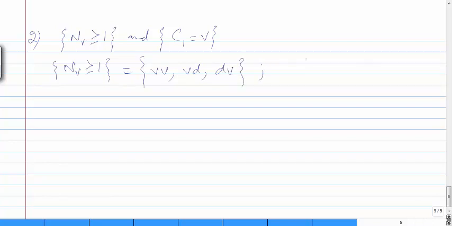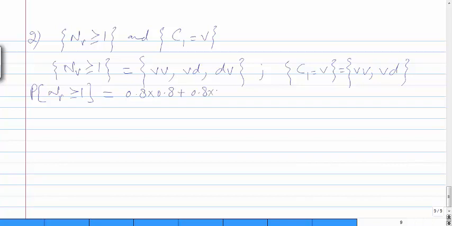Similarly, for the first call being a voice call, it contains VV and VD, so these are two outcomes. So the probability of NV greater than or equal to 1 is 0.8 times 0.8 plus 0.8 times 0.2 plus 0.2 times 0.8.